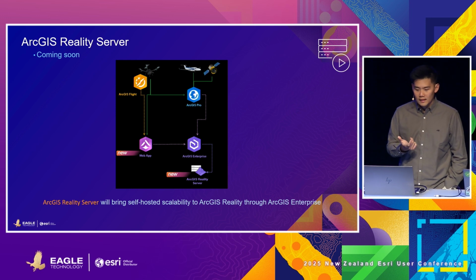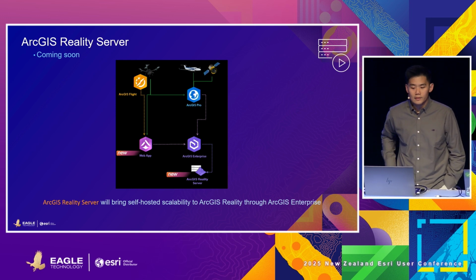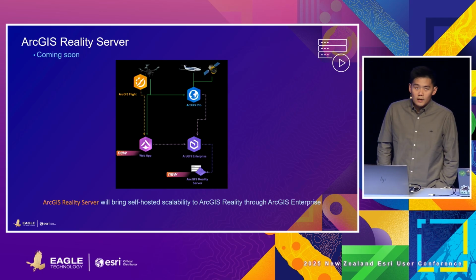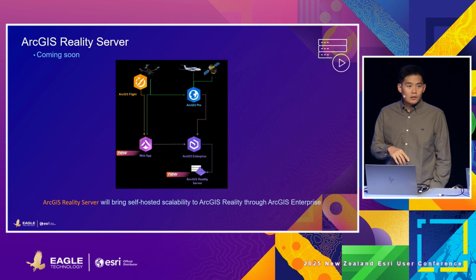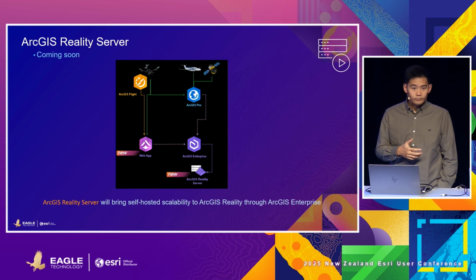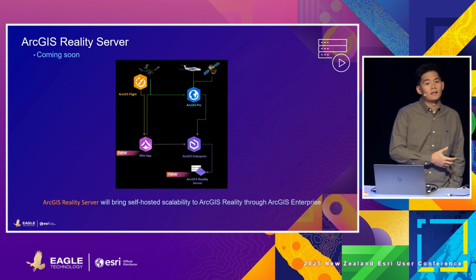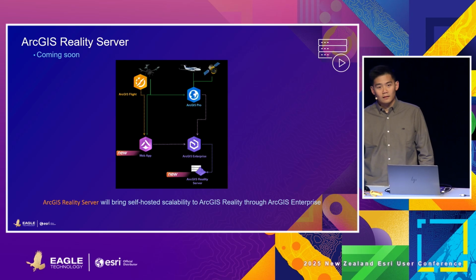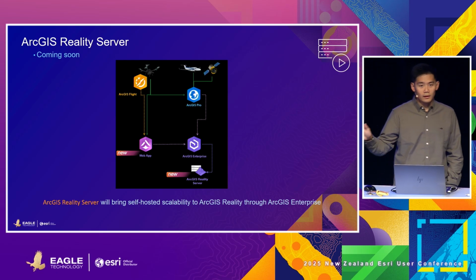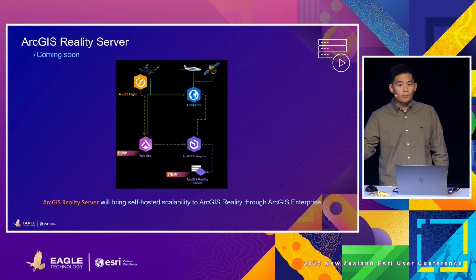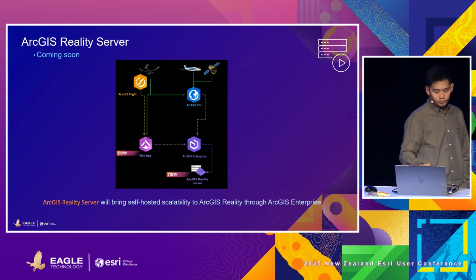The concept is that you bring self-hosted scalability to your reality mapping workflows, allowing you to generate accurate foundational content like true orthos or 3D meshes using drones, aerial, and satellite imagery. And after capturing it, you have the data and you can go back to do analysis with deep learning or machine learning. Usually if it is imagery, then it's either direct computer vision or deep learning models.